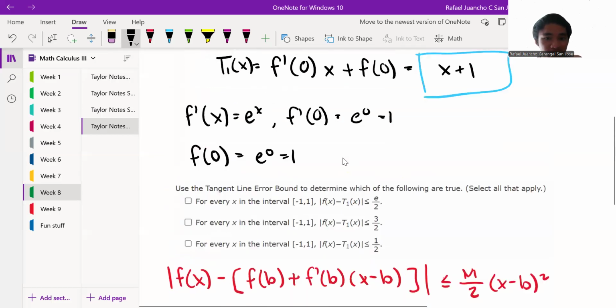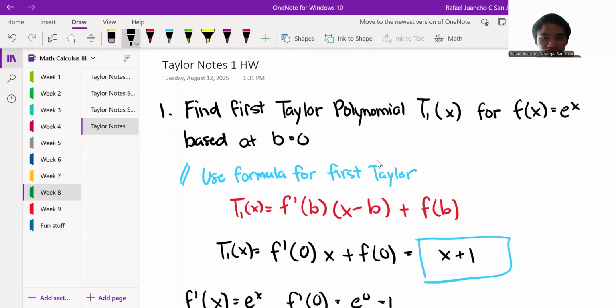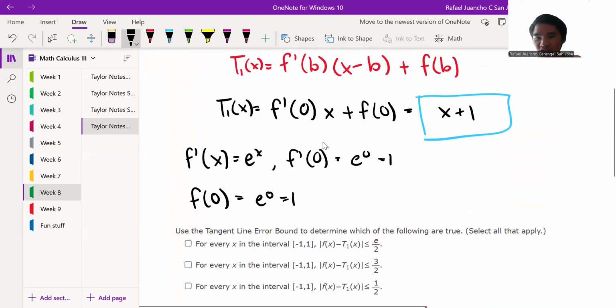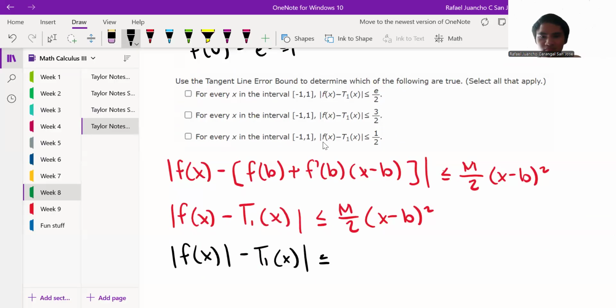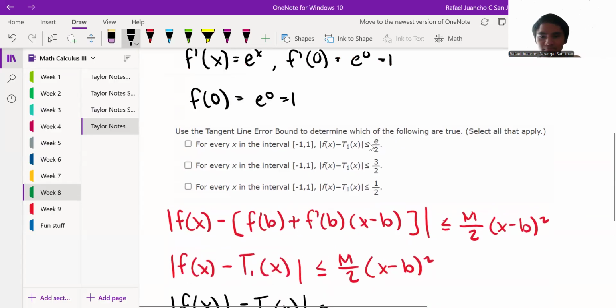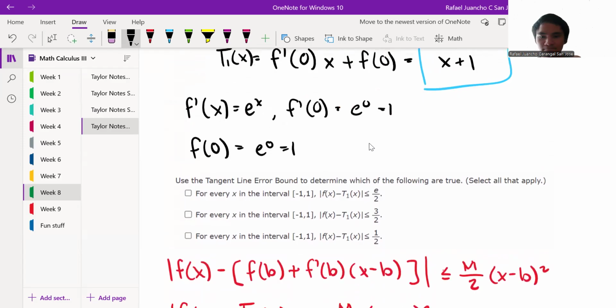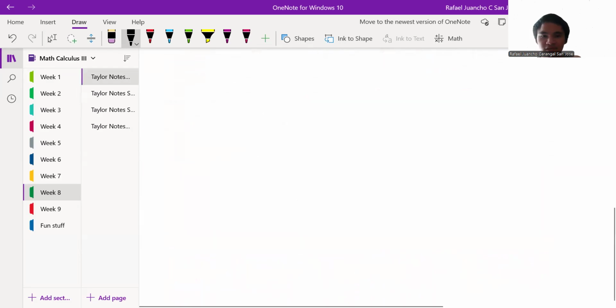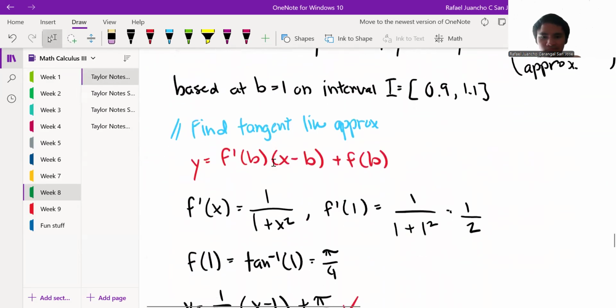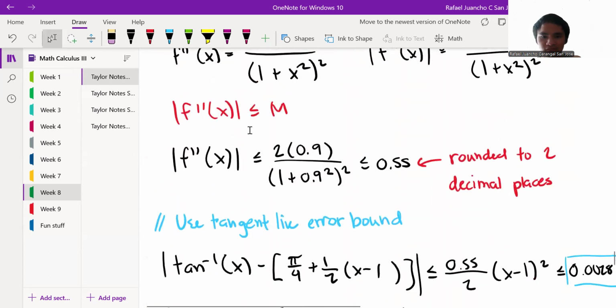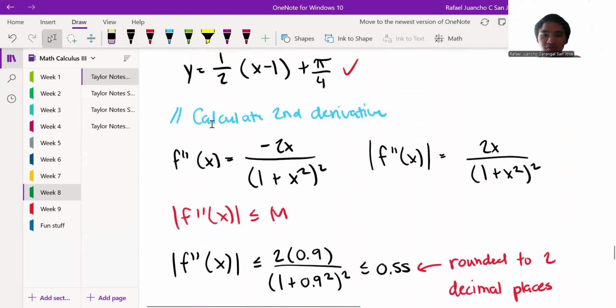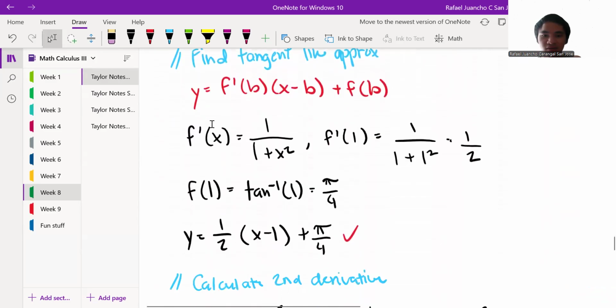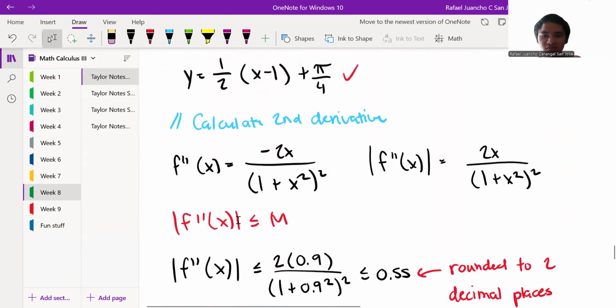I don't know what my m is. Nothing here says anything about an m. Hmm. Is there a way to get m? Second derivative. Oh, so we could get m by getting the second derivative.